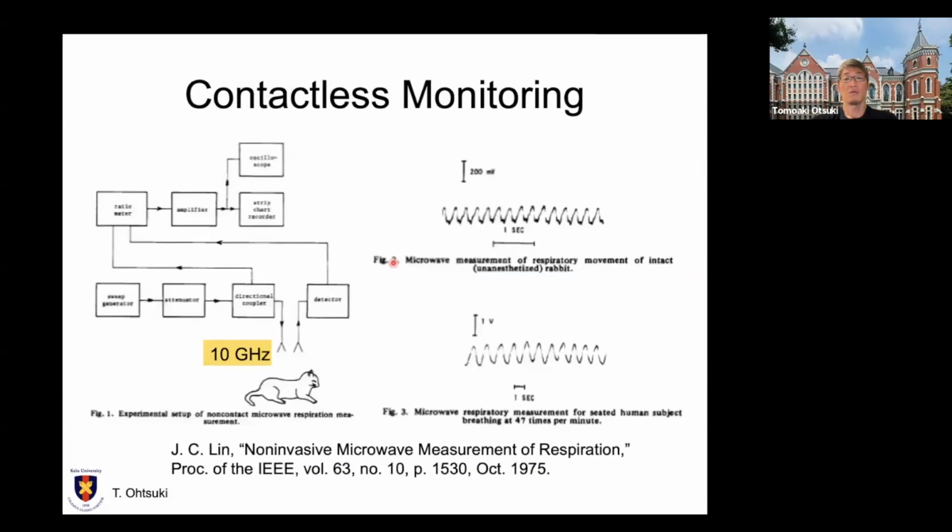The history of vital sign detection using radar is long. For example, this one, invasive microwave measurement of respiration, was published in 1975. This one is not for a person, but for an animal. The figure seems to be a cat, but according to this caption, this is the respiratory movement of a rabbit.